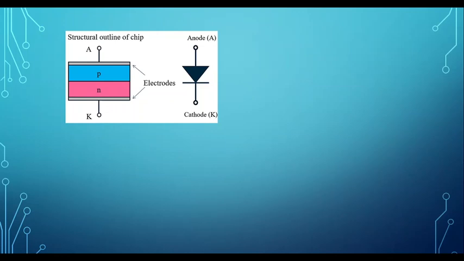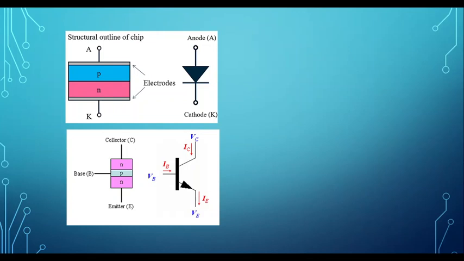While the transistor has three layers. It can be an NPN or PNP. In this example, we have the NPN, whose terminals are the collector, the base, and the emitter.